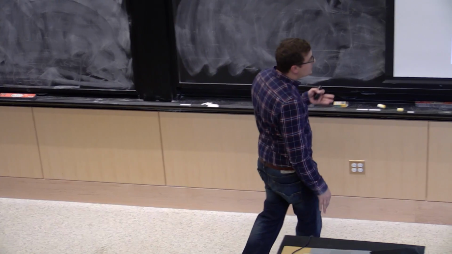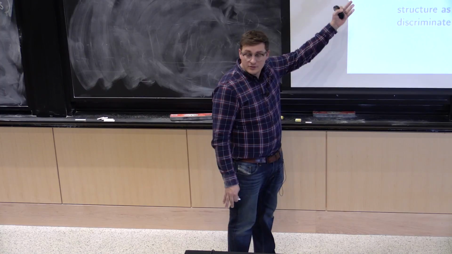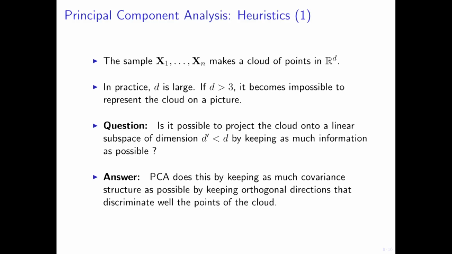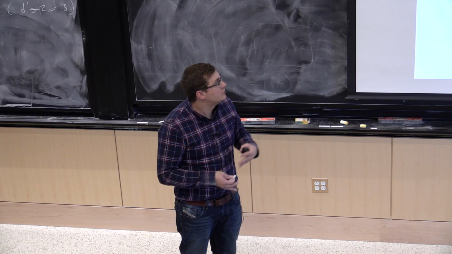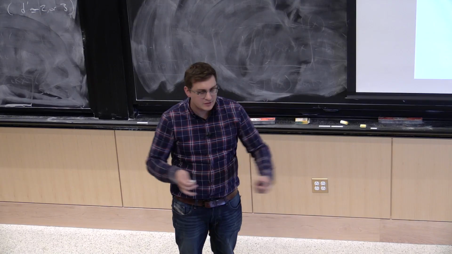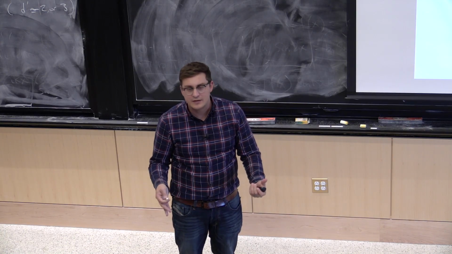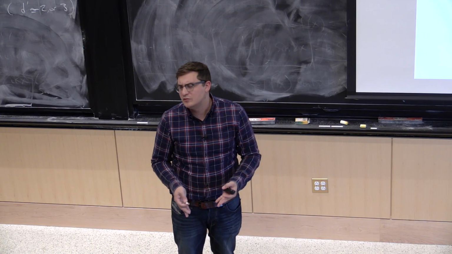And PCA says, OK, there's many ways to answer this question, so let's just find a subspace of dimension D prime that keeps as much covariance structure as possible. The reason is that those directions are the ones that maximize the variance, which is a proxy for the spread. There are many, many ways to do this.